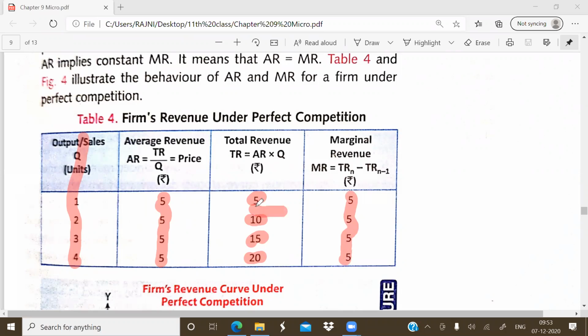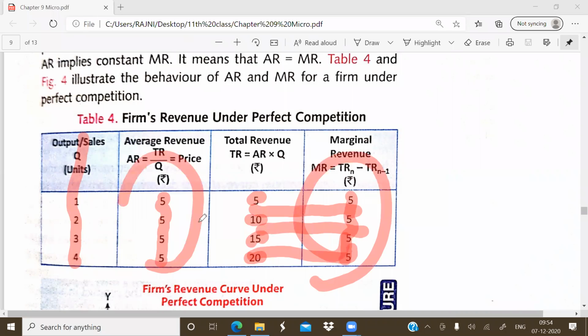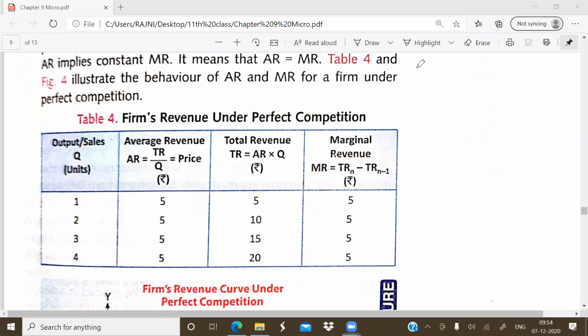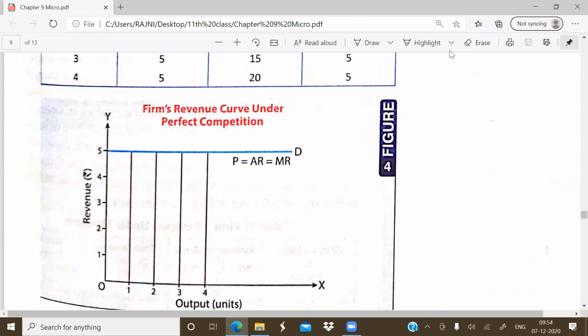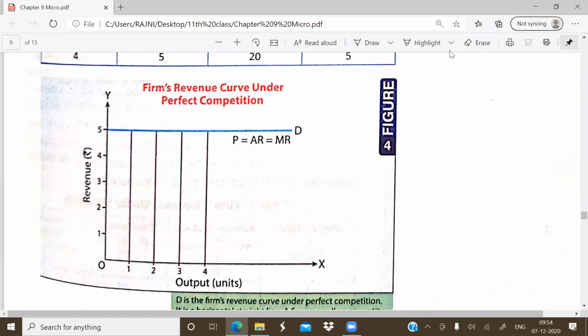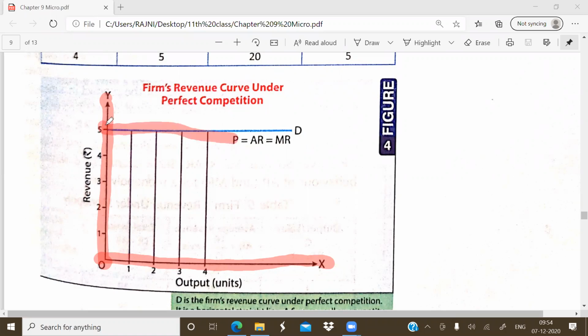After that, the marginal revenue change will also be similar. So here we can say in case of the perfect competition, the average revenue and marginal revenue are equal to each other. It means at the existing price, the firm can sell any quantity of the commodity. In the revenue concept, output is there and the price is constant at 5.